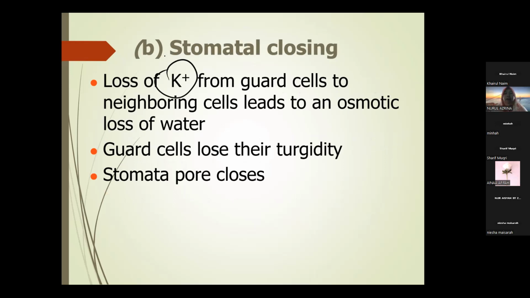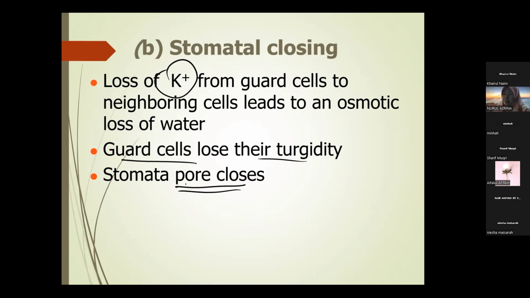So when a lot of potassium ion leaves the guard cell, it causes the water potential in the guard cell to be very high compared to the water potential in the surrounding cells. It will cause the water to diffuse out of the guard cell into the surrounding tissue. So the guard cell loses its rigidity and stomata will close.